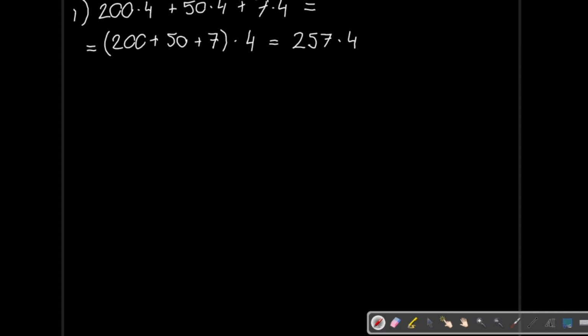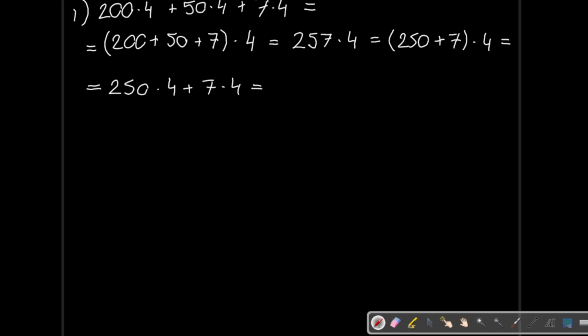Now we can use the distribution here. That gives us 250 times 4 plus 7 times 4.